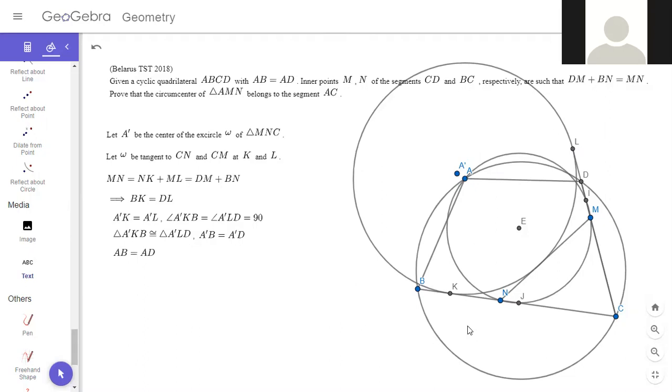Yeah, now we have point A prime fixed. So do you see how to finish it off? I don't see it yet myself. Can we prove that angle ABD is equal to A prime BD? Maybe. Let's see. That would finish. Yeah.